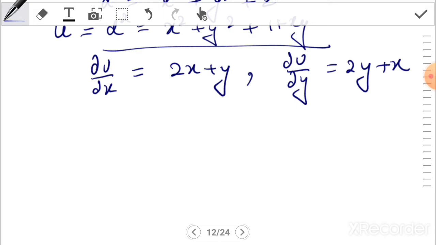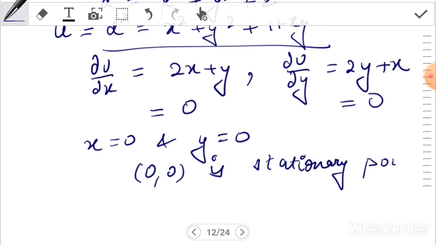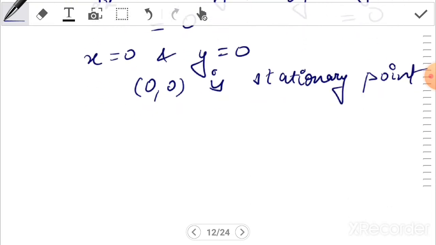Okay, so now equate this to 0 and this to 0. So you solve simultaneously, you will get x is equal to 0 and y is equal to 0. So that means x is equal to 0 and y is equal to 0 is the only solution. And so 0, 0 is the only stationary point. Now let us find r, s and t.